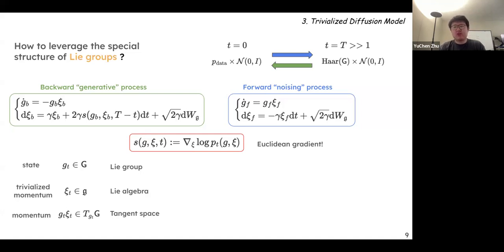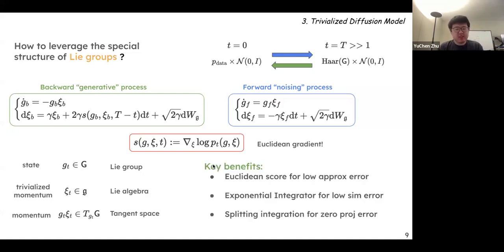Just like what we usually see when reverting Euclidean diffusion models. More importantly, because ξ is a Euclidean variable, the score we want is only the gradient of this log joint distribution with respect to ξ. This itself is a Euclidean gradient, and there's nothing dependent on G in this expression. So everything seems to reduce to the case that we usually work with, as if things are Euclidean.